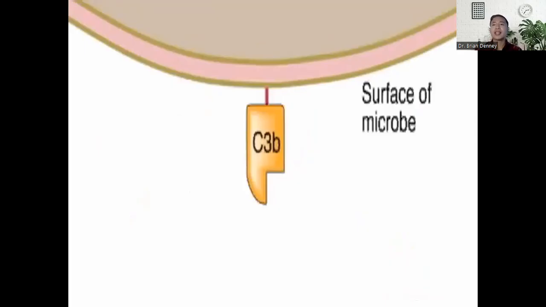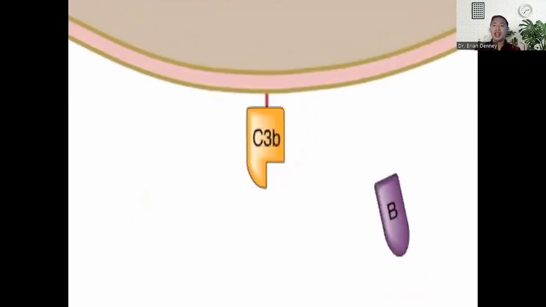Now, what is the next complement protein that gets activated after C3b formation? Very good, factor B. So we have now factor B. And there is a prerequisite for factor B to become activated. What is that prerequisite? It has to be bound to your C3b molecule in the presence of magnesium ions.